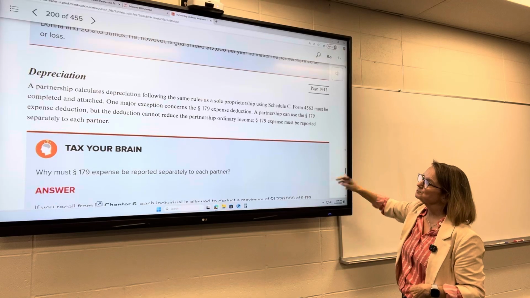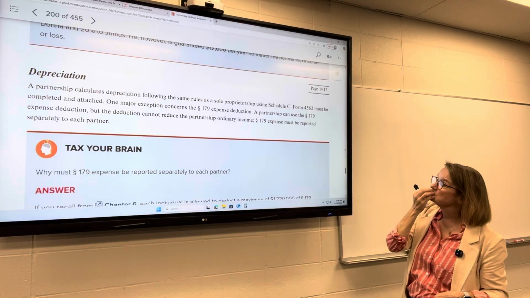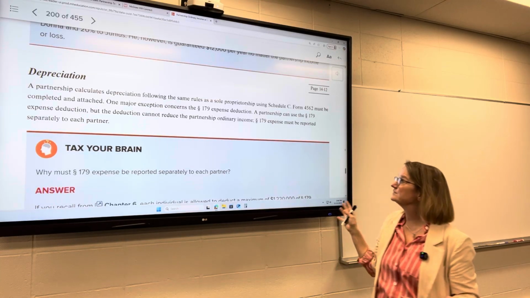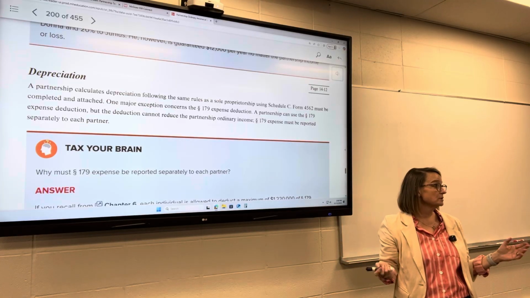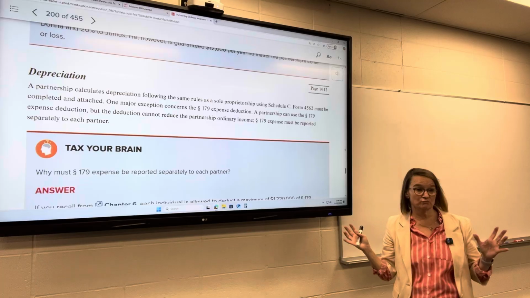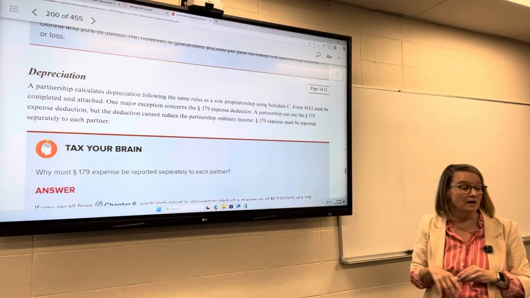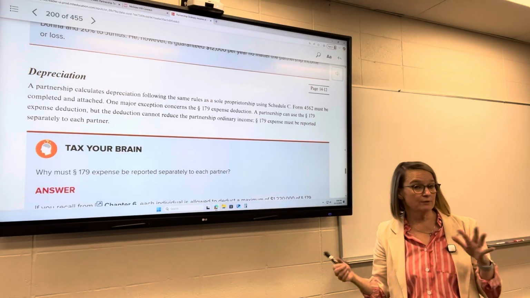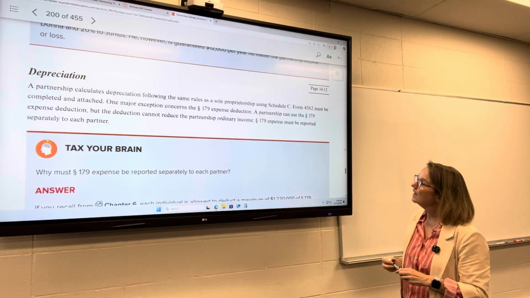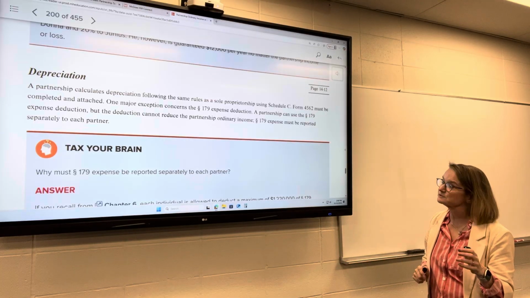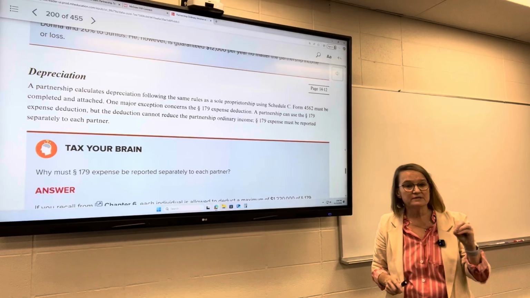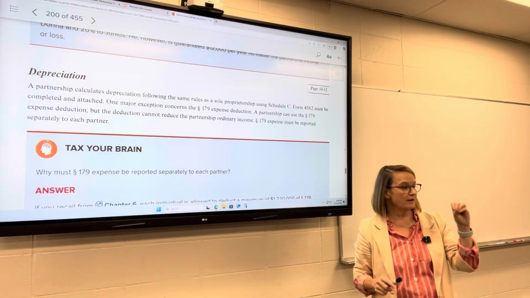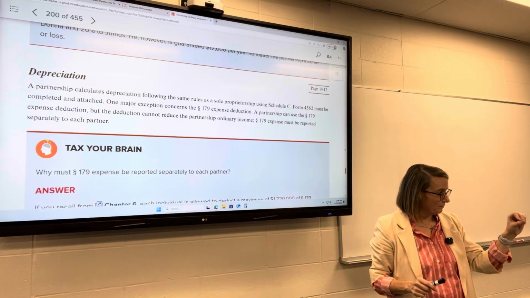Okay. Depreciation. So a partnership will calculate depreciation following the same rules as a sole proprietorship. Those depreciation rules don't change regardless of how the business is organized, except for the 179 expense deduction, because remember we've got that 179 limits are based on an individual basis.